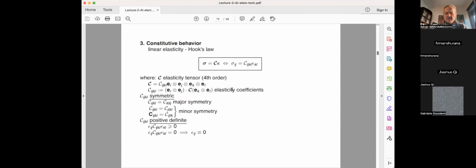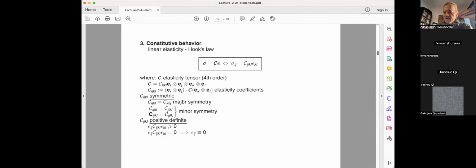Namely, you can have something called major symmetry, and something called minor symmetry. Major symmetry simply means if you swap the pair of indices ij with kl, the values of the elasticity tensor C should be the same. This follows if you accept that your material is so-called hyperelastic, that you have internal energy, some kind of a potential, and if you take a first derivative of this internal energy, you get a stress.